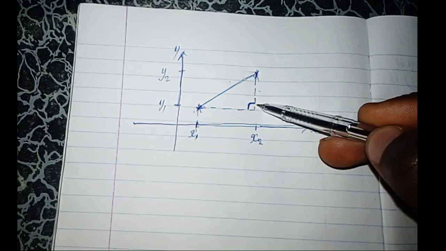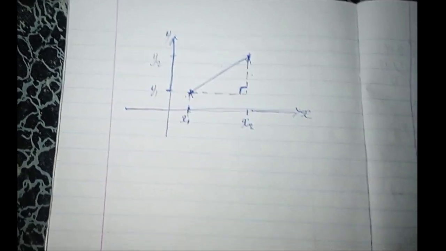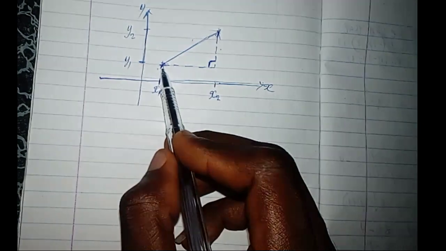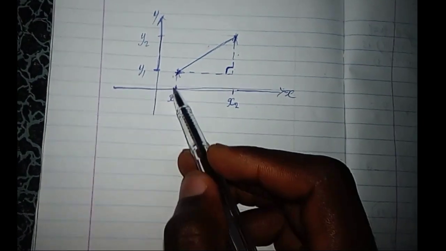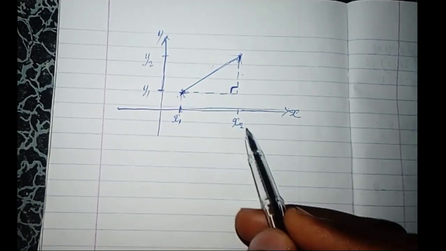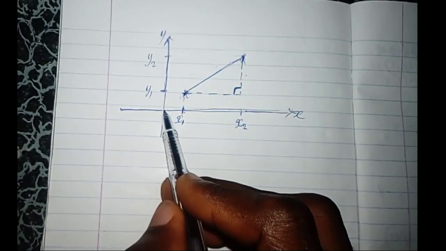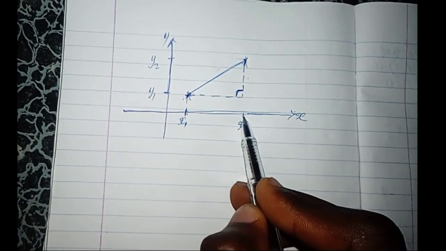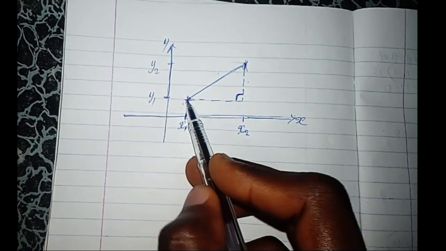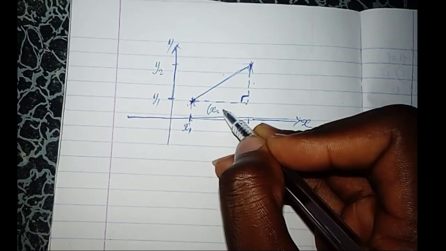Let's go into solving it so you won't get confused. What is the distance from here to here? We know the distance from here to here should be x2 minus x1, since from here to here is x2 and from here to here is x1. Remember, we are looking for the distance between the 2 points.